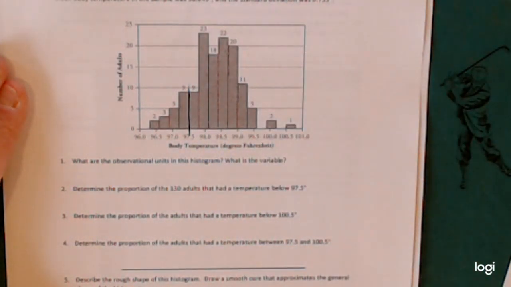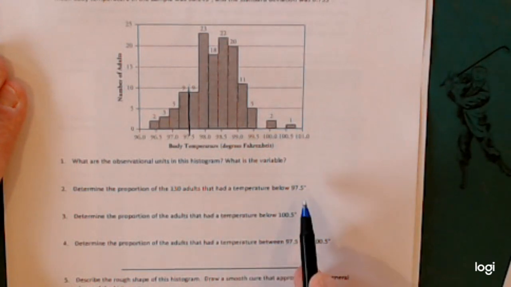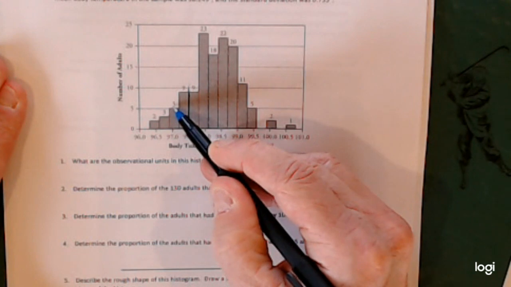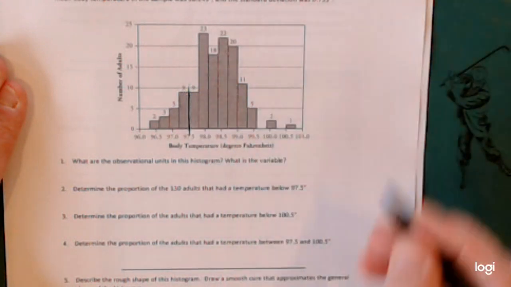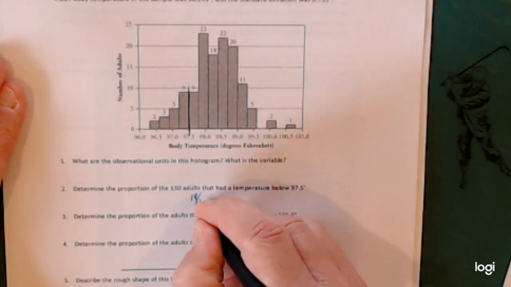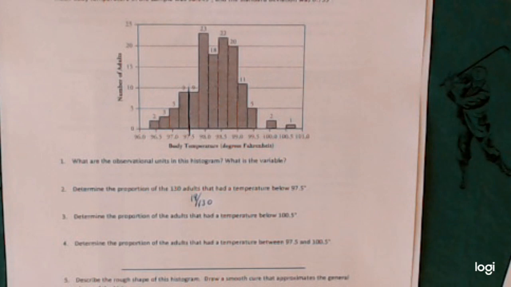We want the proportion of the 130 adults with a temperature below that, so it's just a count. 2 and 3 is 5, and 5 is 10, and 9 is 19. So 19 out of the 130 adults had a temperature below 97.5 degrees.